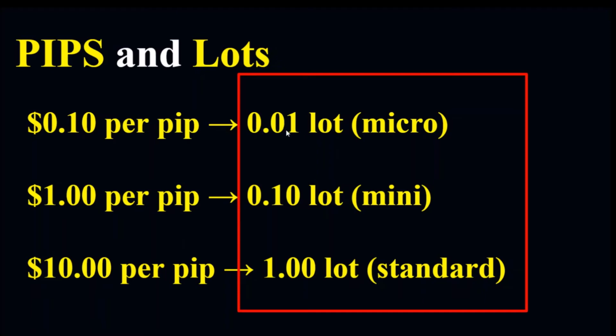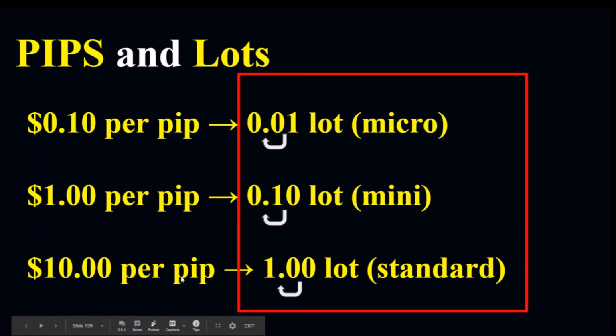All you have to do is move the decimal spot one place to the left. And that's what you can see that I've done here. I went from 10 cents to 0.01 by moving the decimal place one spot to the left. The same thing here for the dollar per pip, which corresponds to 0.1, and the same exact thing here for $10 per pip, which corresponds to the 1.0, just by moving that decimal spot one place to the left.